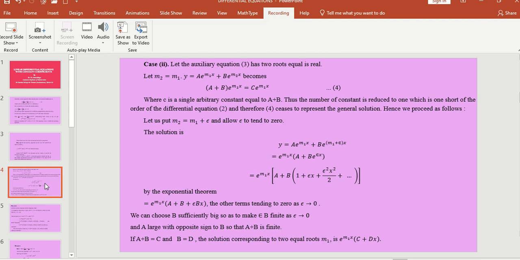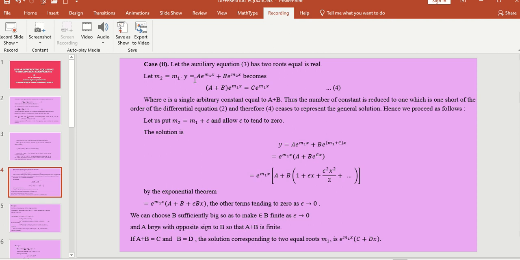Now consider case 2. Let the auxiliary equation 3 have two real roots but they are equal. Then let m2 equal to m1. Then y equal to a e power m1x plus b e power m2x becomes a e power m1x plus b e power m1x, which is equal to a plus b into e power m1x, where c is the single arbitrary constant equal to a plus b.